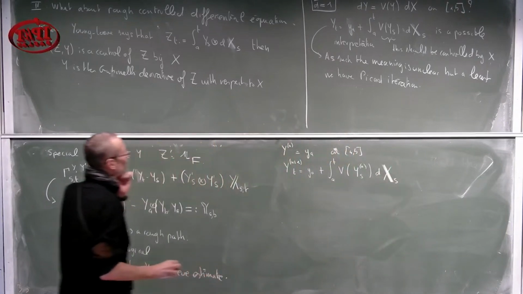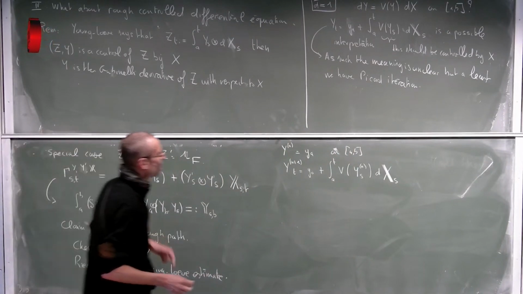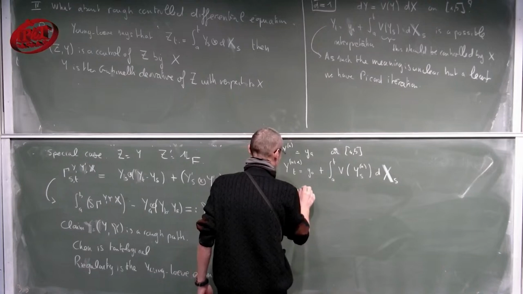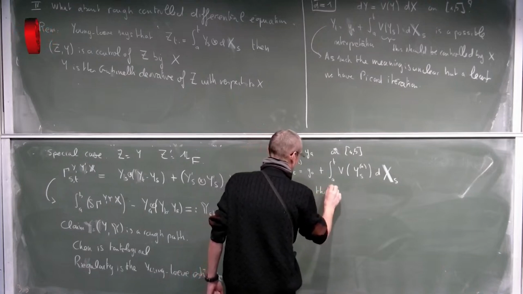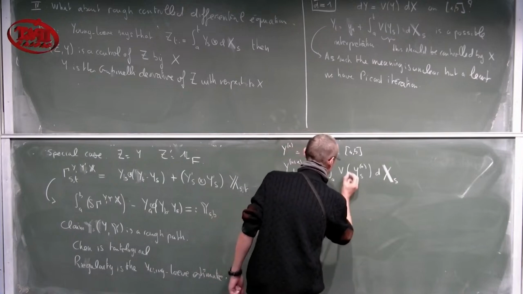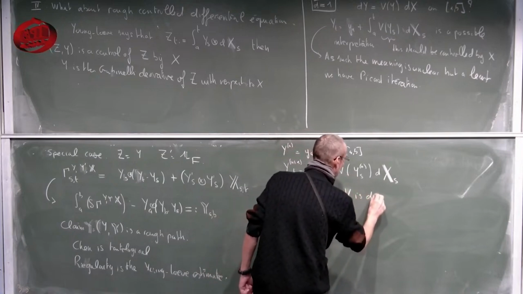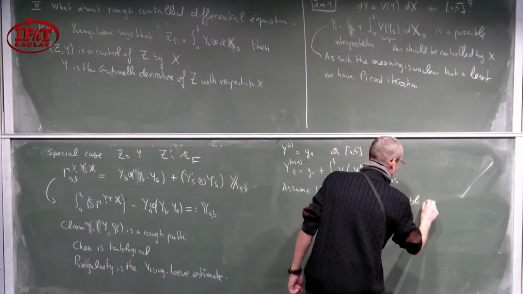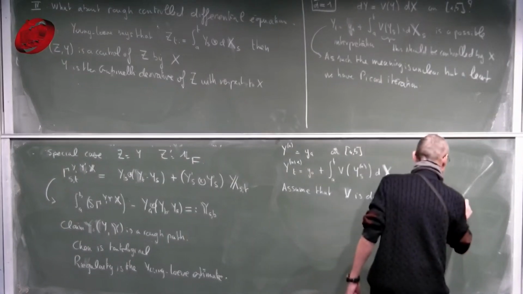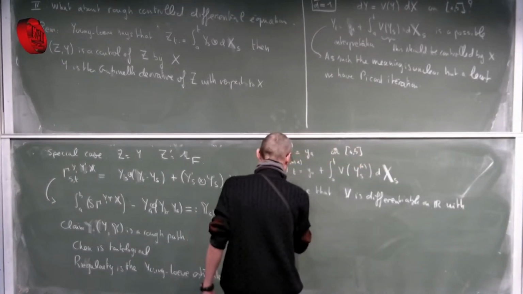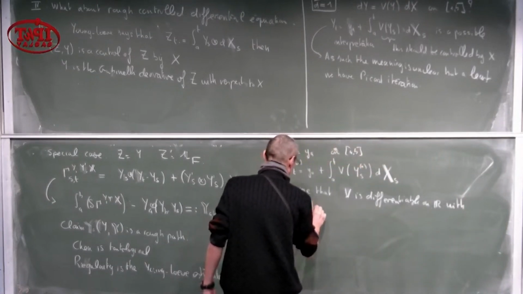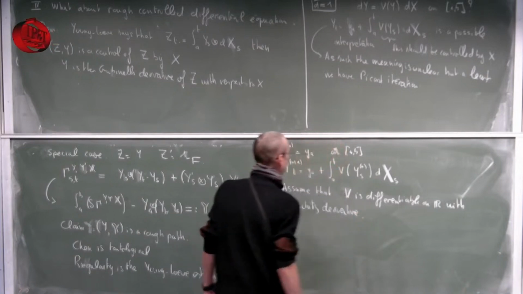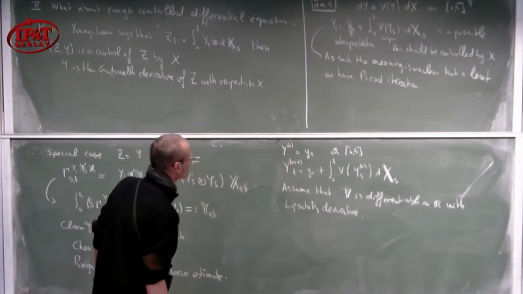And I just want to show you in a very simple way, and I have to make some assumption. V is differentiable on R with Lipschitz derivative, and then it's easy to see that the recursion step is working.